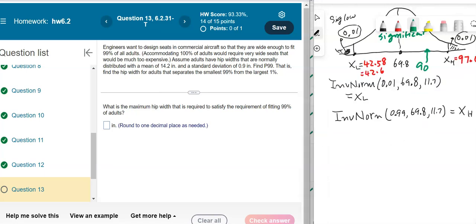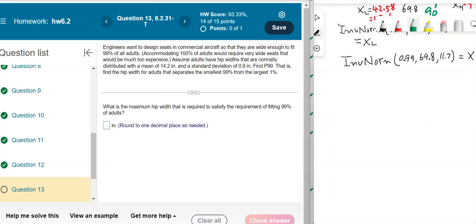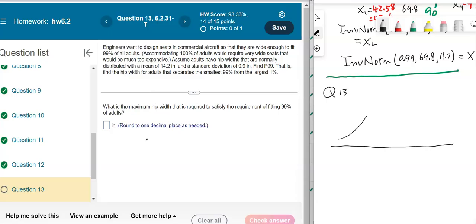Now, the next one is question 13. Engineers want to design seats in a commercial aircraft so that they are wide enough to fit 99% of adults. So they want you to find the 99th percentile basically, so they cover just about everybody.